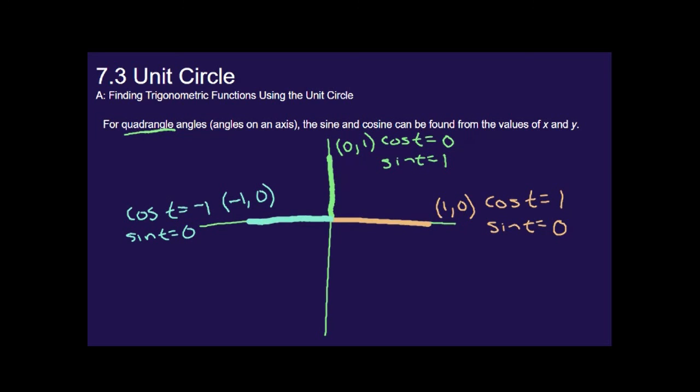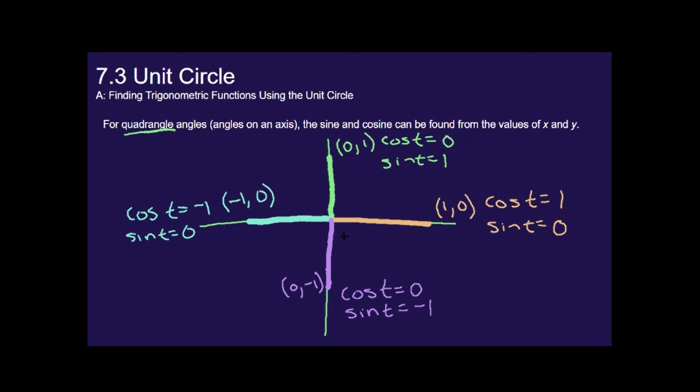And then lastly, the negative y-axis there, that point would be at (0, -1). So the cosine of t at that location would be 0, and the sine of t at that location would be negative 1.